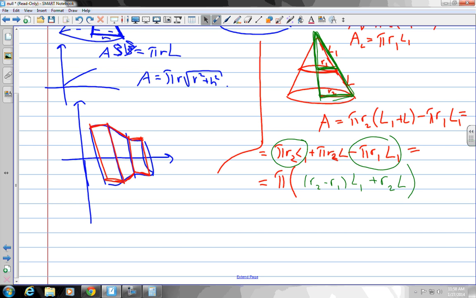So I can set up the following identity. The ratio in the little one, L1 over R1, is the same as the ratio in the big one, L1 plus L over R2. Let me take it on the side here. It's getting messy.